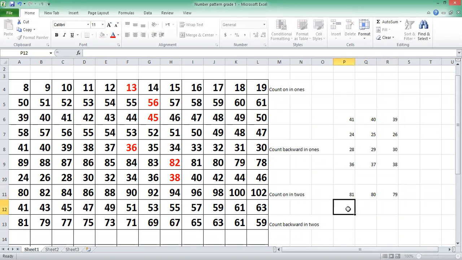So you can see, guys, if I count back in ones, after 81 there should be 80, but it is 79. That means we are not counting in ones. We are counting back in twos, or we are subtracting 2. 81 minus 2 is equal to 79. 79 minus 2 is equal to 77. 79 is 2 less than 81. 77 is 2 less than 79. Are you getting my point, guys?